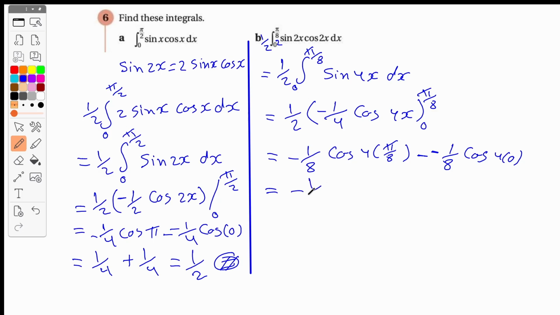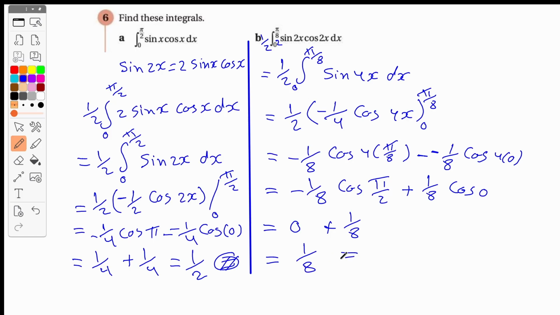So this one will be negative 1 over 8 cosine, if we simplify 4 by 8, pi over 2, plus, because of negative negative, 1 over 8 cosine 0. Cosine pi over 2 here is 0. So this quantity will be 0 plus cosine 0 is 1 times 1 over 8 is 1 over 8. So the final answer is 1 over 8.